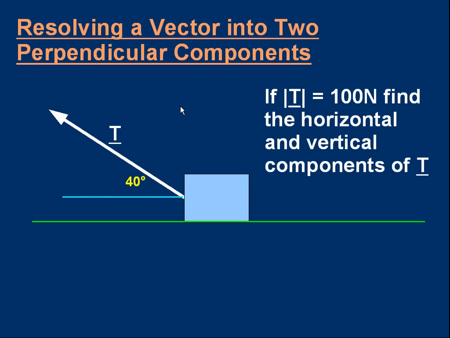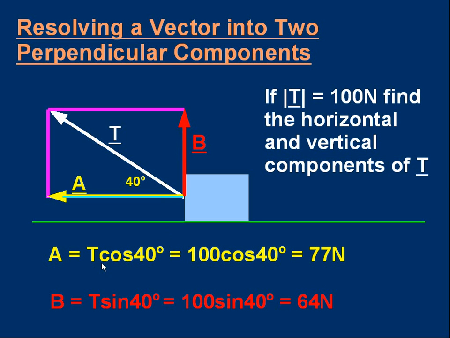Okay, well again, you didn't really need to draw the construction, the rectangle, to add A and B, but you can do it mentally, and this is what we're doing. T is the resultant, so it's a diagonal of adding A and B together. So A is the horizontal component of T, B is the vertical component of T. And we can straight away, if we look at A, you'll see it's the adjacent side to 40 degrees.